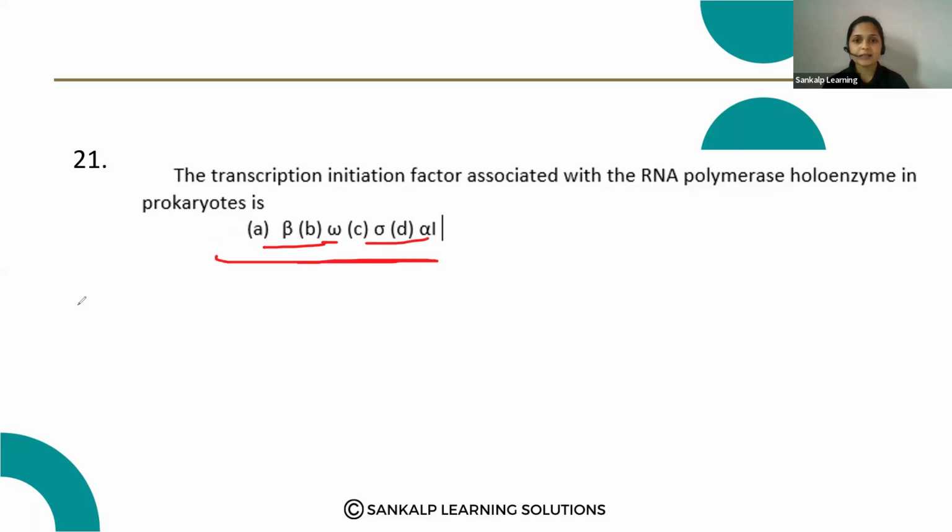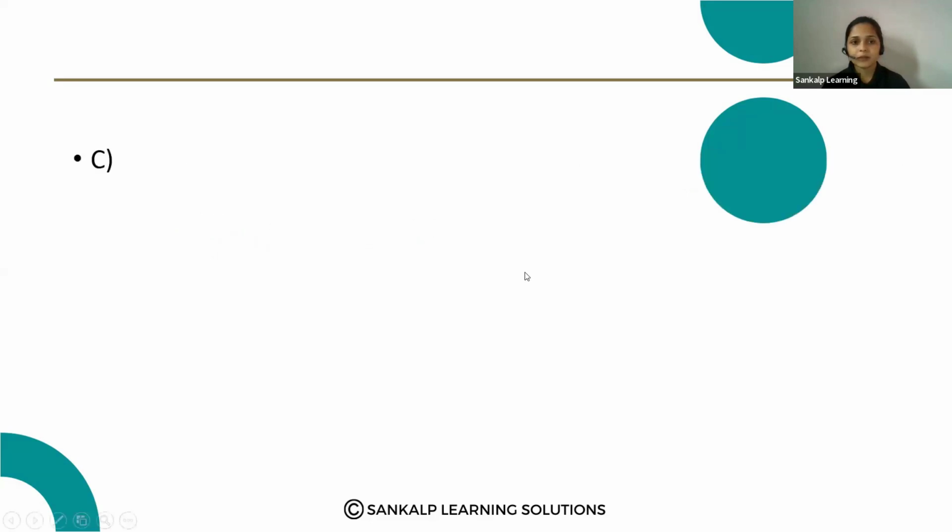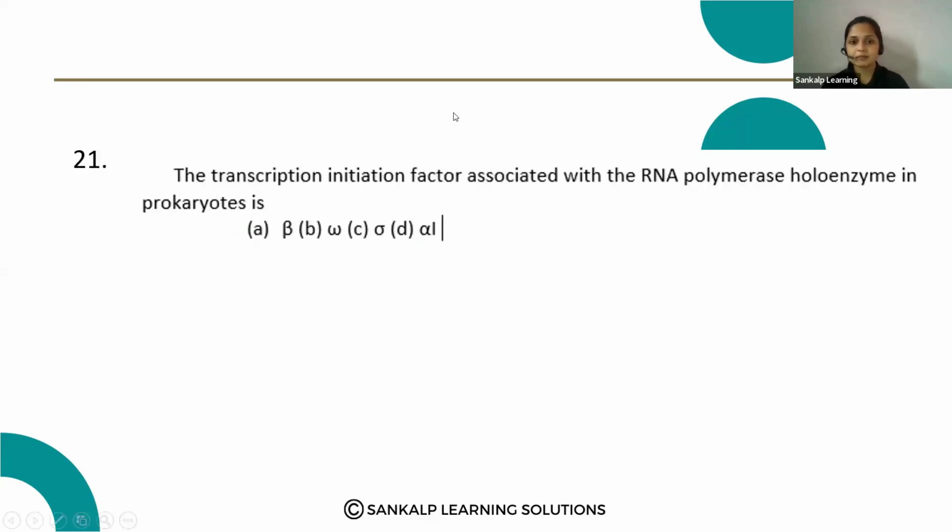Which factor is associated with that? That is also called the initiation factor. So option C, that is sigma. This sigma is called the initiation factor.